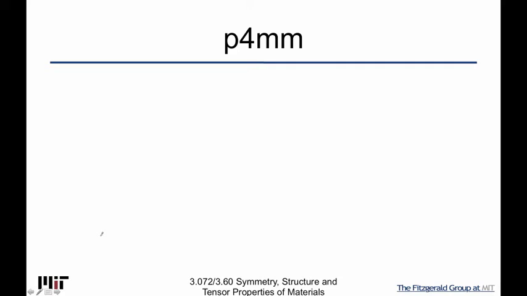If you recall, we had the following. I'll try to make a square here.